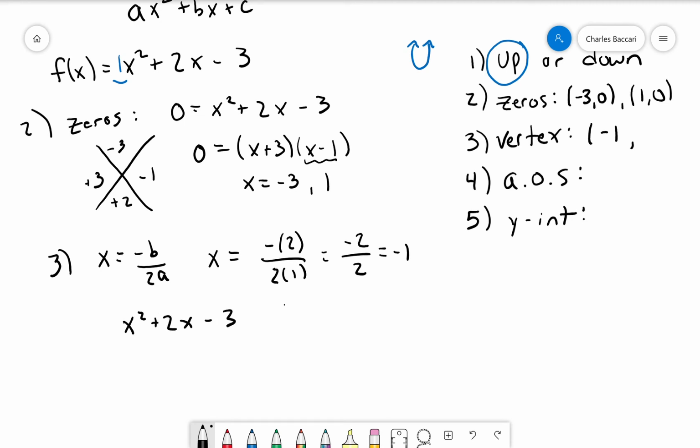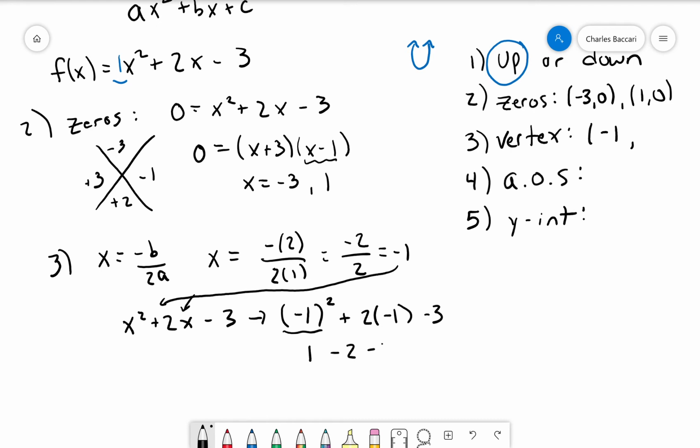Notice that I'm going to use parentheses for the negative 1, so we have negative 1 squared, plus 2 times negative 1 minus 3. This squared is going to be 1, plus 2 times negative 1, which is negative 2, minus 3. 1 minus 2 is negative 1, minus 3 more is negative 4. So our vertex is negative 1, negative 4.